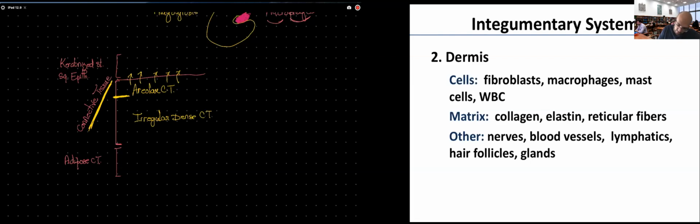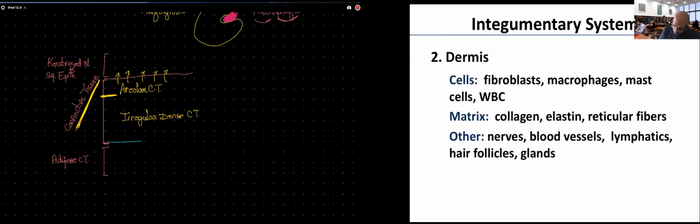And remember, below my skin, in the hypodermis, I've got the adipose connective tissue. This is not part of the dermis. This is the hypodermis. Above, in the skin, the outermost layer is going to be the epidermis.